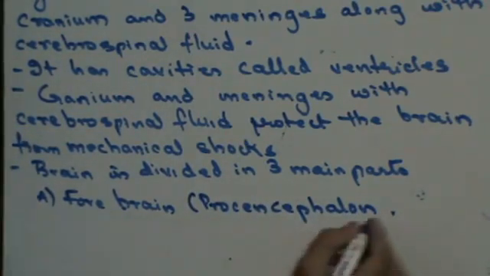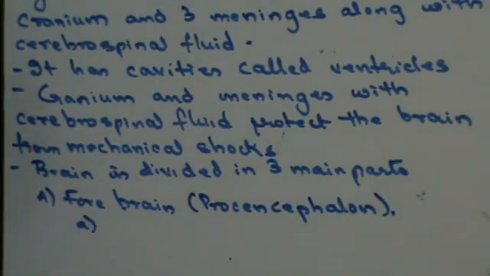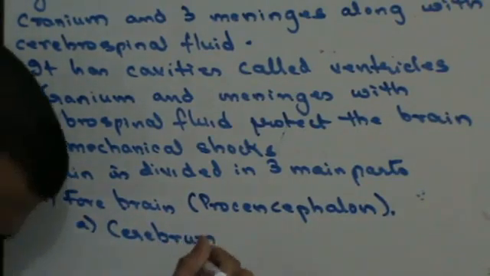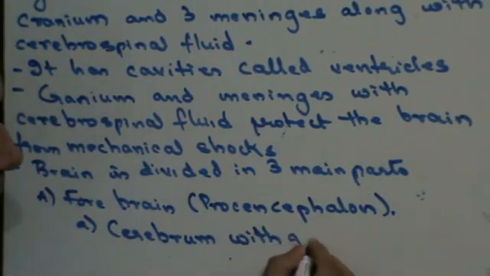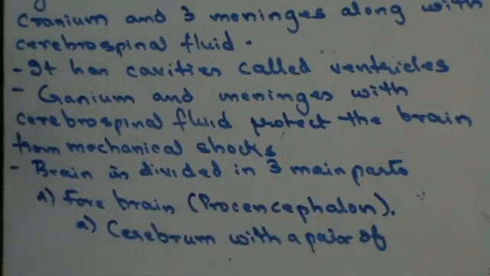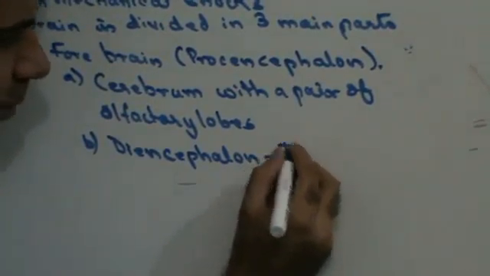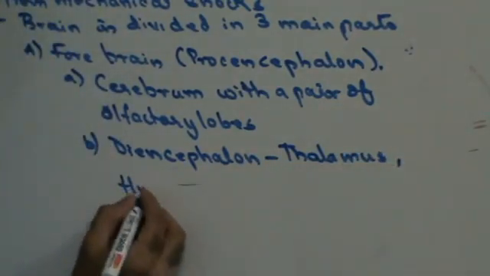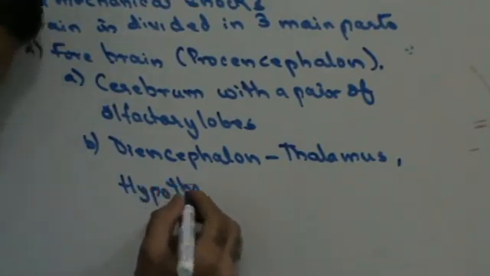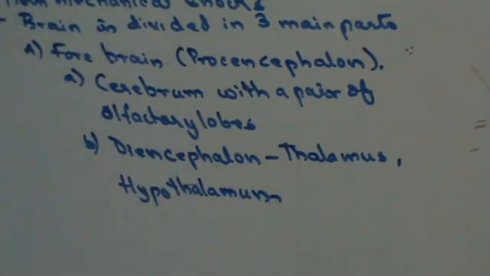The forebrain or the prosencephalon is made up of cerebrum, with a pair of olfactory lobes, and diencephalon, which is made up of thalamus and hypothalamus. So that is your forebrain.